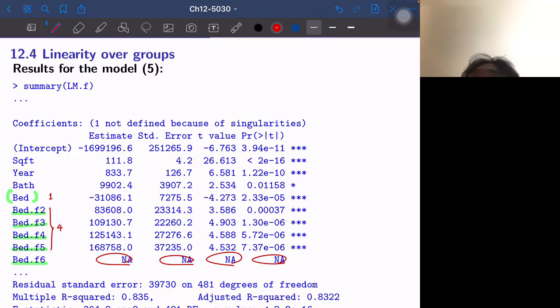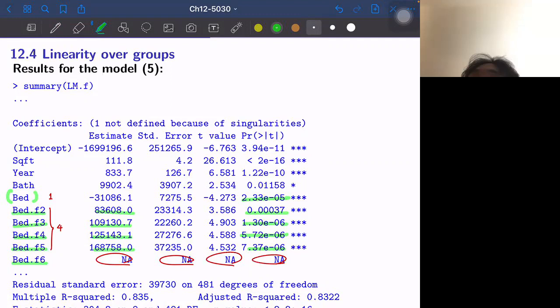Since we have already used 1 parameter, we only need 4 parameters, so bed.f6 wasn't used. If we omit the number of bed in the parentheses, then bed.f6 also has a coefficient. One thing we can see is that the number of bedrooms as a continuous variable is still very significant, but also the difference between the baseline and 2, 3, 4, 5 is significant.